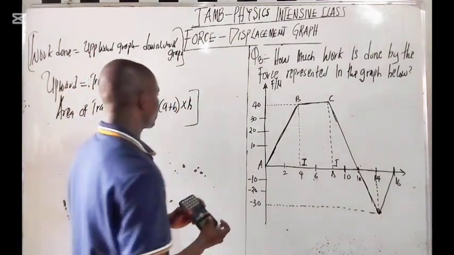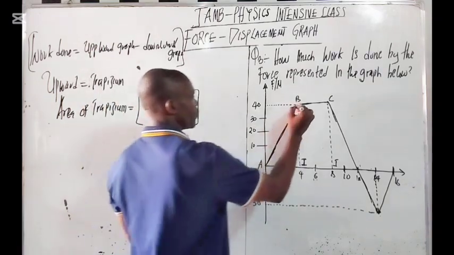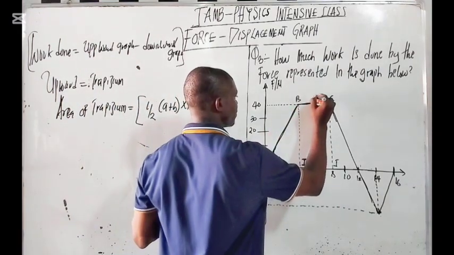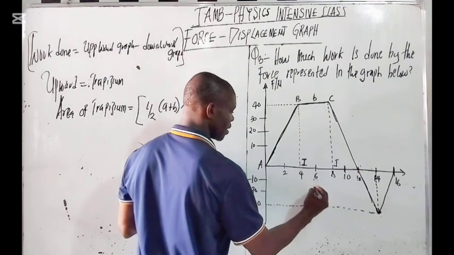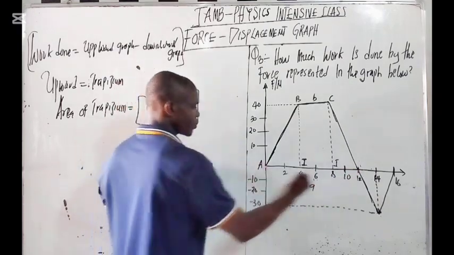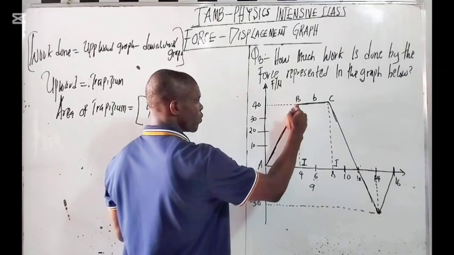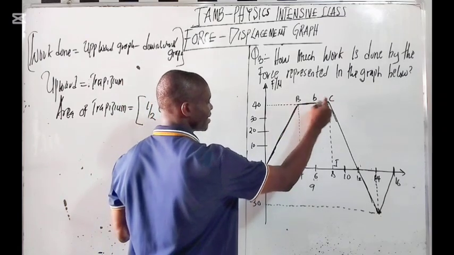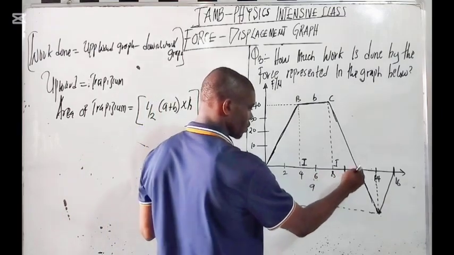Because if you check very well, from here to here is the B, and from here to here is the A, because this side and this side are not the same.